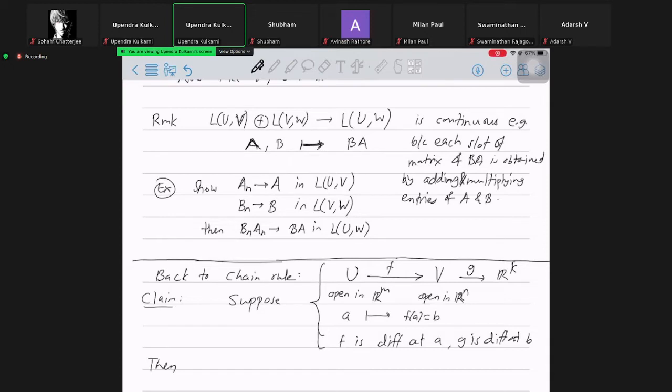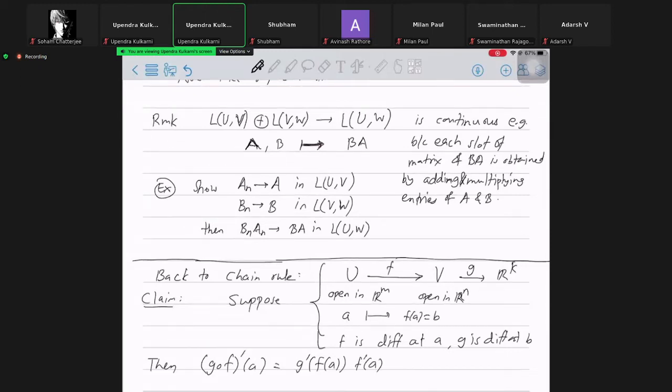Then what is the claim? That the composite F followed by G is differentiable at A, and the derivative is given by the derivative of G times the derivative of F.